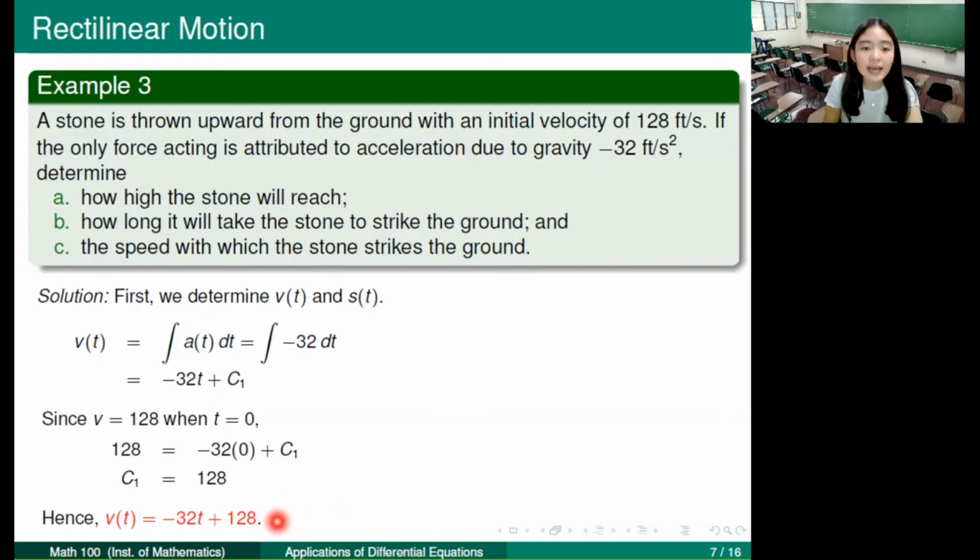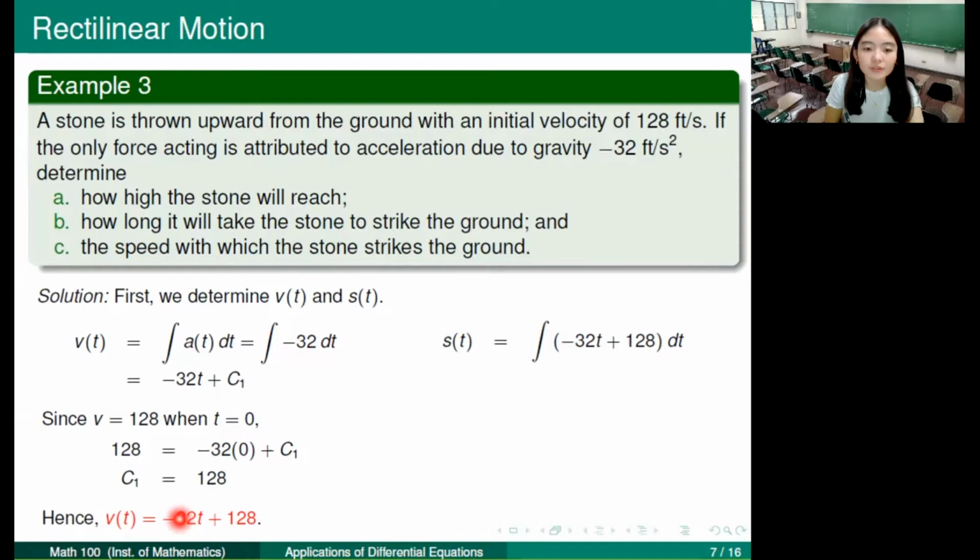Next tayo, okay na ang ating v. Let us just get our s of t, yung ating position function. So, we will be needing to integrate this once more. So, integrating our v of t, we have here integral ng v of t dt. What you get is s of t, yung position function mo na. Okay? So, input lang natin yung ating v of t.